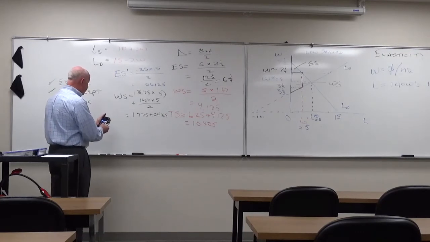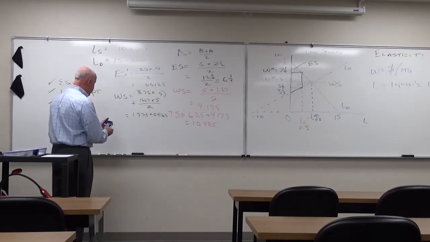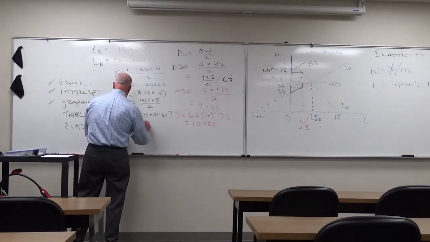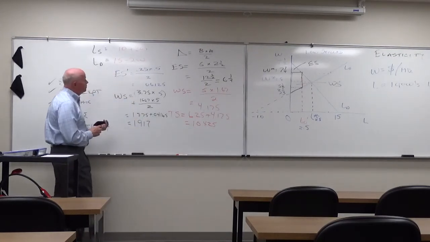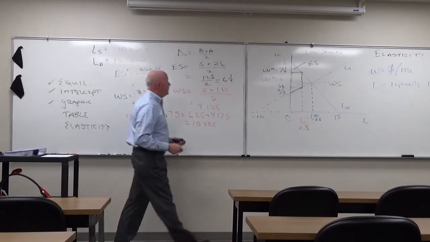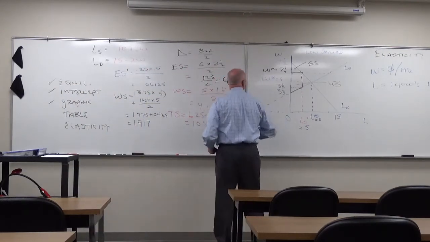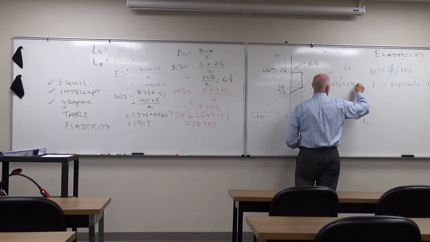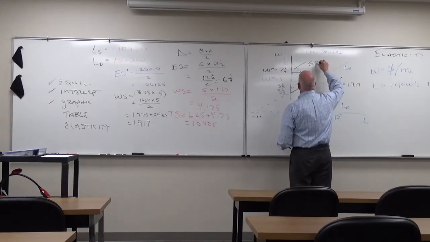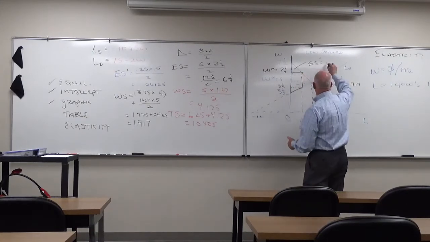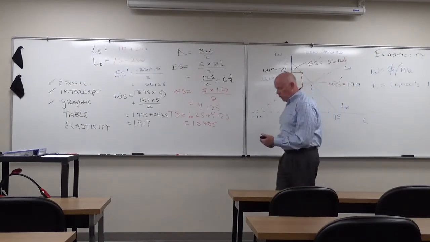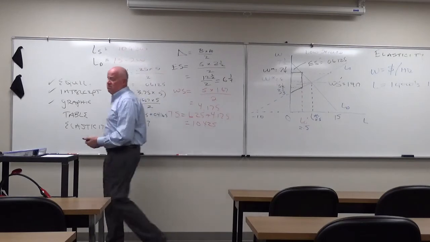So plus 1.875, it's 1.917. We said that was equal to 0.06125. Well, this is not much.